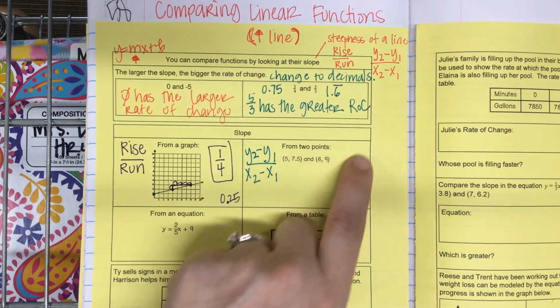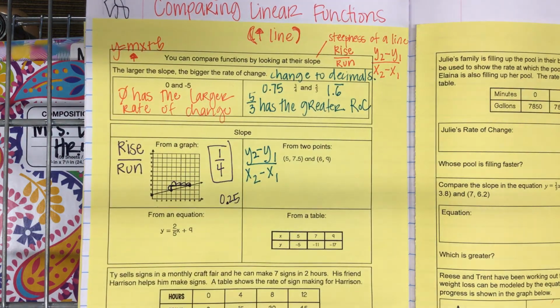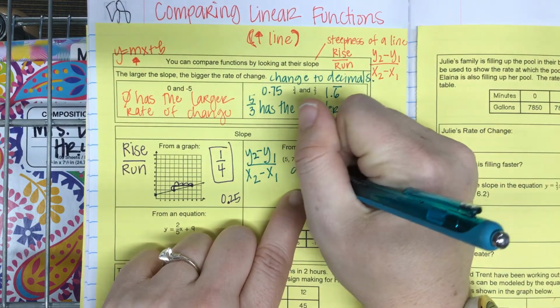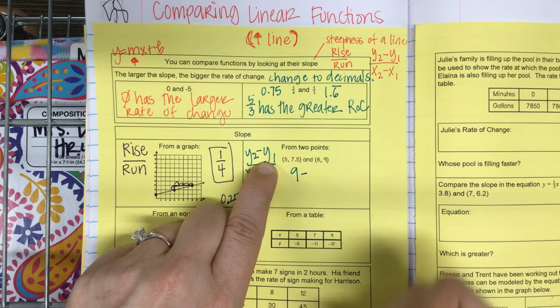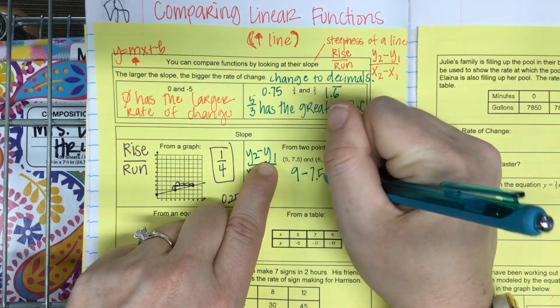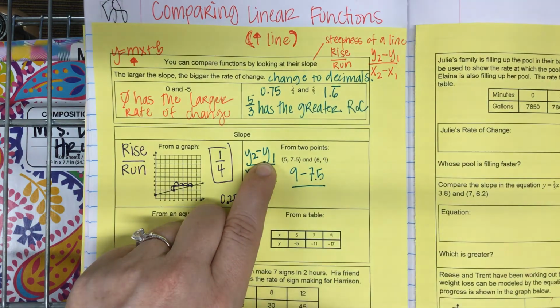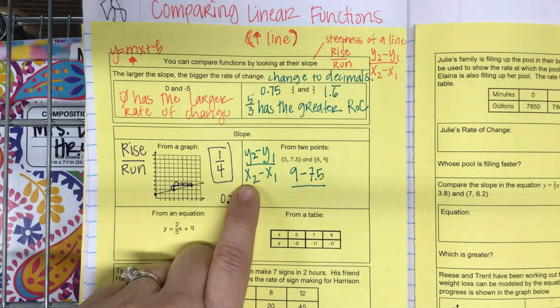So Zaya, given these two ordered pairs, what's the y value from the second ordered pair? That would be 9. Minus y1, what's the y value from the first ordered pair? 7.5. Perfect. Over, what's my x2? 6.